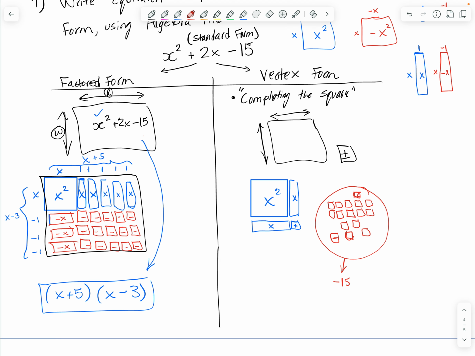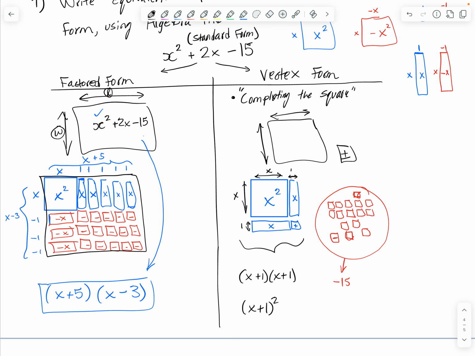So at the end of the day, now I've completed my square, believe it or not. Look at these dimensions. This is going to be an x by an x, and this is going to be a 1 by a 1. So I can clearly see that this right here is just x plus 1 times x plus 1, which is just x plus 1 squared.